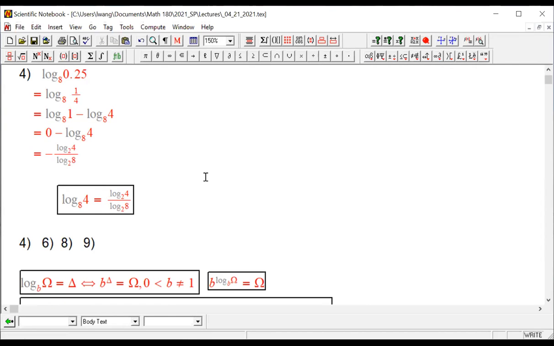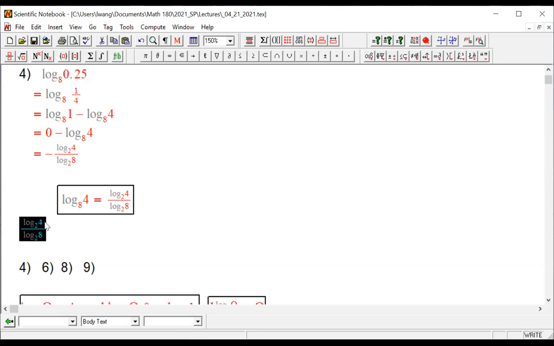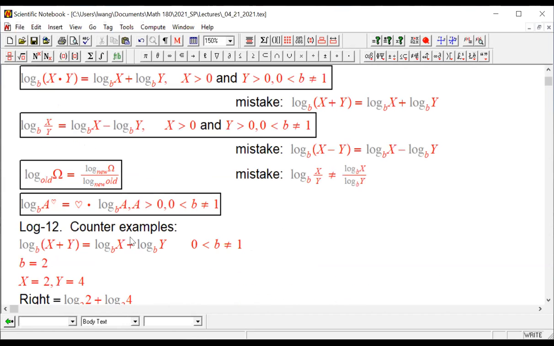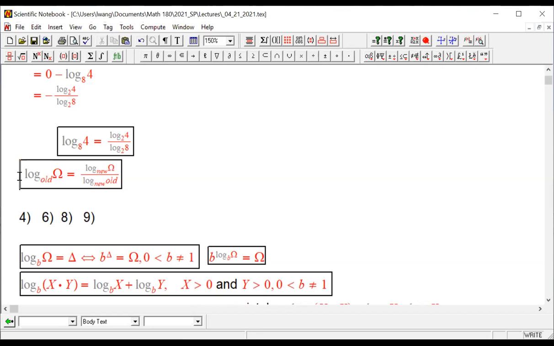You guys follow me? I'm going to put the change of base formula right here, so make sure everybody follows. The old base was 8.